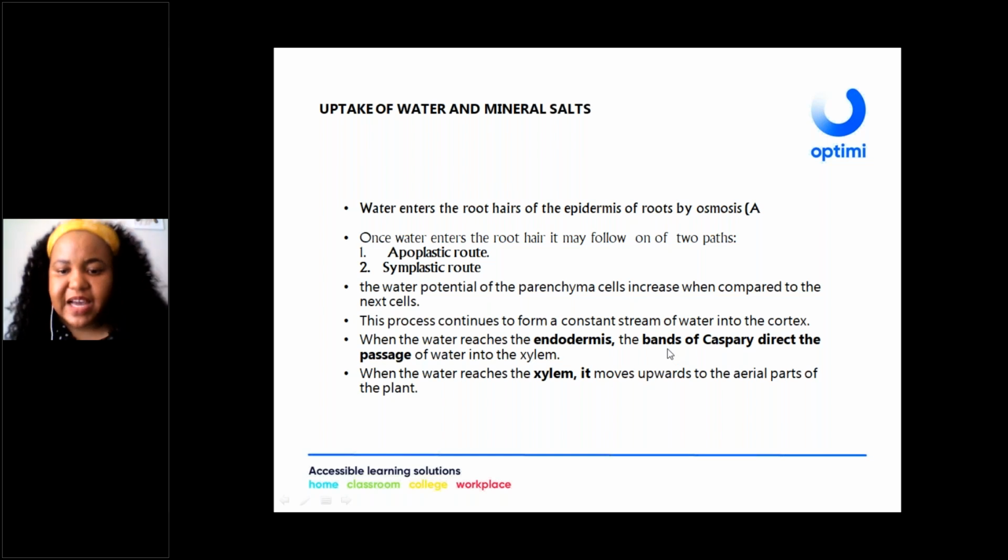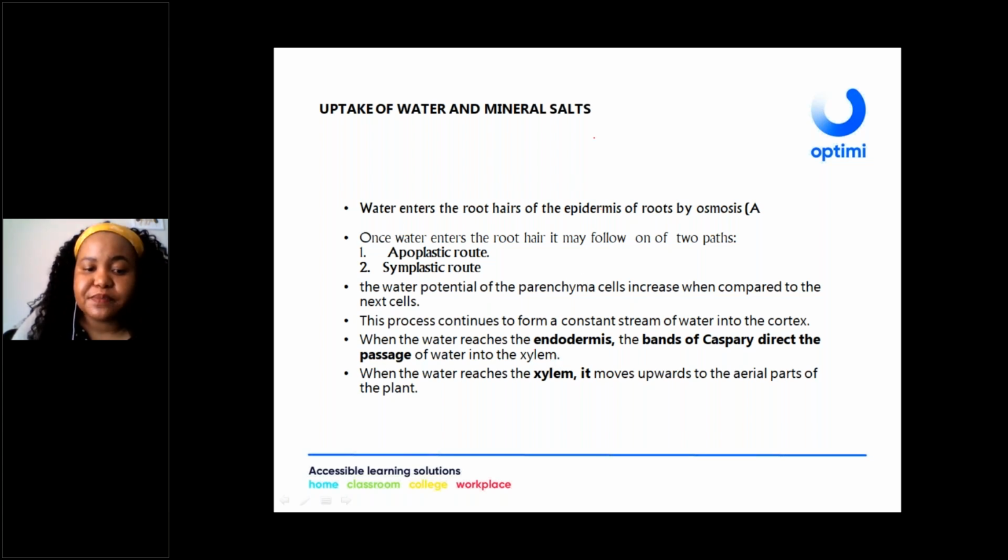The bands of Caspary direct the passage of water into the xylem, which is the tissue responsible for the actual transportation of the water. As soon as it reaches the xylem, it moves upwards to the aerial part of the plant.